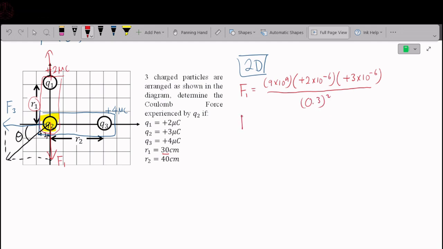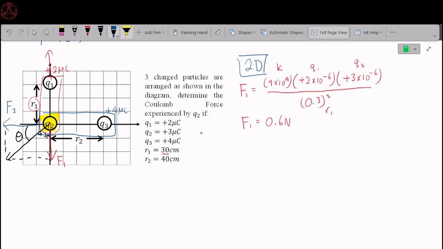So you can key that into your calculator, and what you are going to find is 0.6 Newton. So I have F1 to be 0.6 Newton. I just want to label, this is K, this is Q1, Q2, and then this is R1.